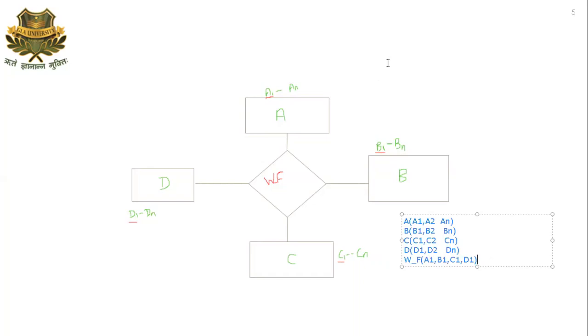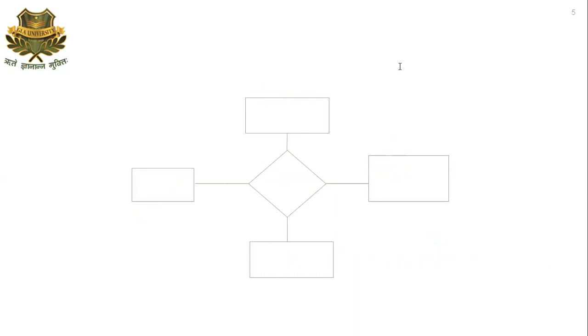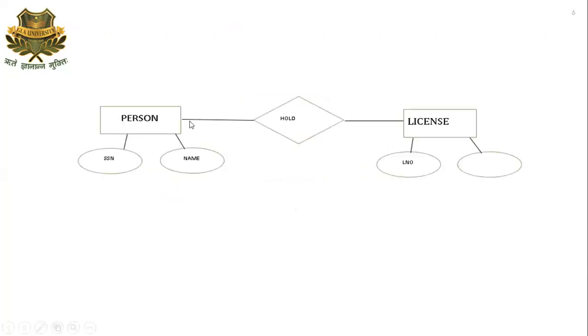One more example. Suppose in this ER diagram the cardinality ratio is 1:1, because if a person is at an RTO office, then one person is allocated only one license number.